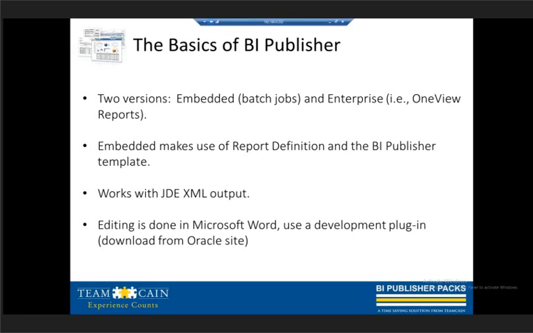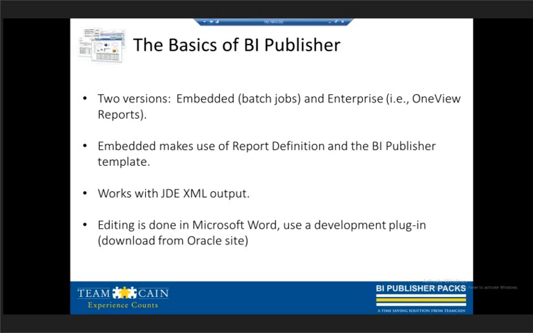Okay, so before we get too in-depth here, just going to go over some basics of what BI Publisher is and how it's used. So first off, there are 2 versions of BI Publisher. There is the embedded version, which comes with your JD Edwards, and that is the one that we will be concentrating on today.